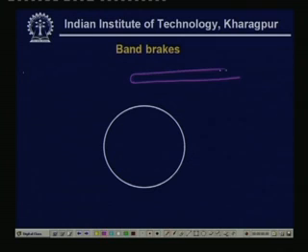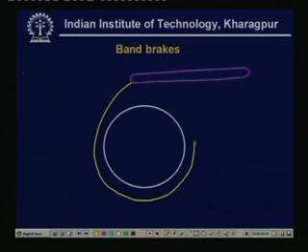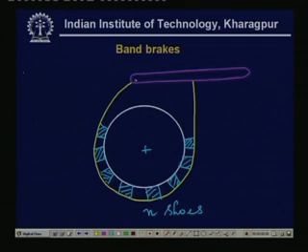Let me consider this is the lever, then there is a band, and between the band and this drum we have different shoes. So, let us say there are n number of shoes. Again this is the fulcrum, it is rotating in the clockwise direction.